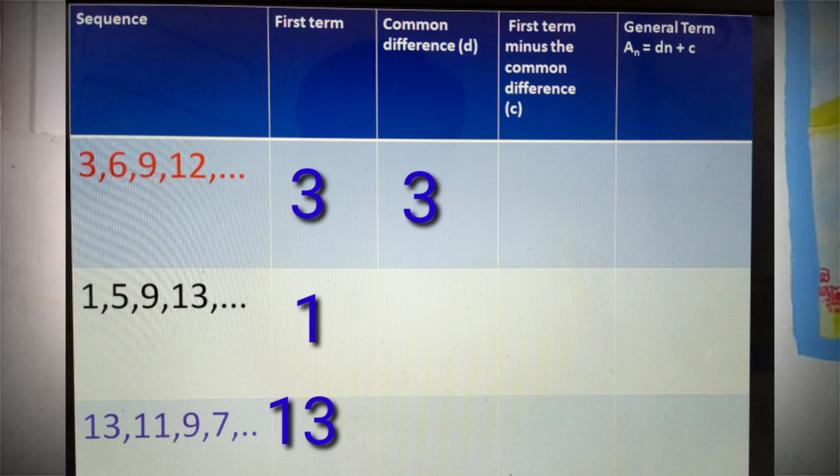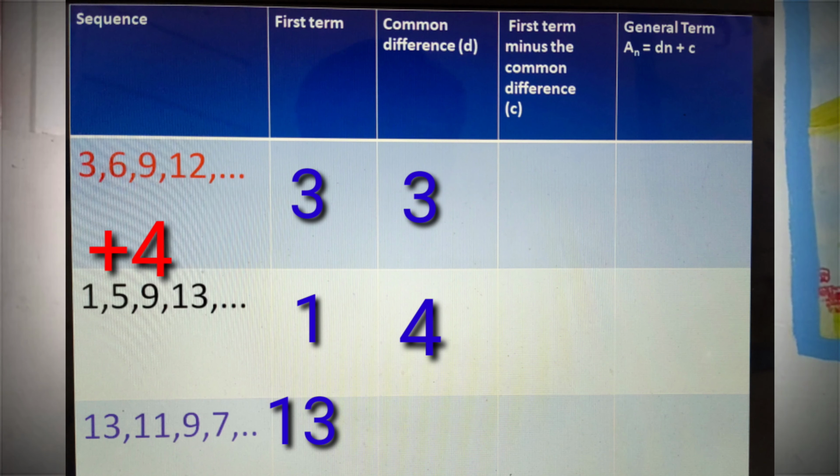Okay, tingnan nga natin kung ano ang common difference ng number 2 and number 3. So sa 2, mapapansin natin na lahat ng inadd na number ay what? Ay 4. So laging plus 4 ng plus 4. 1 plus 4 is 5, plus 4 is 9, plus 4 equals 13, and so on and so forth.